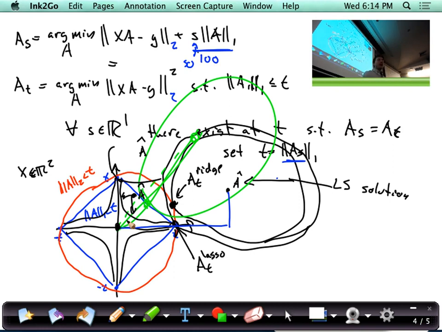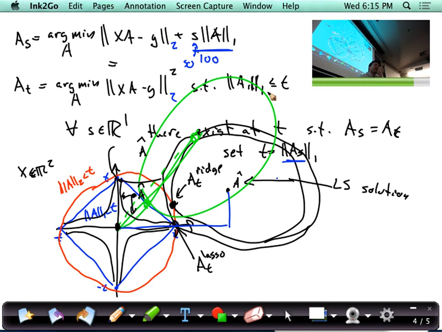Think of the larger I make s, the more sparsity I'm biasing towards, right? So the smaller I make t, if I make it all the way to 0, I get complete sparsity. It's all zeros. I'm just giving up. I'm going to say 0 is a good estimate. And I've seen some data sets where returning all zeros actually works reasonably well compared to some fancy machine learning algorithms. So sometimes you give up, you say it's all 0.